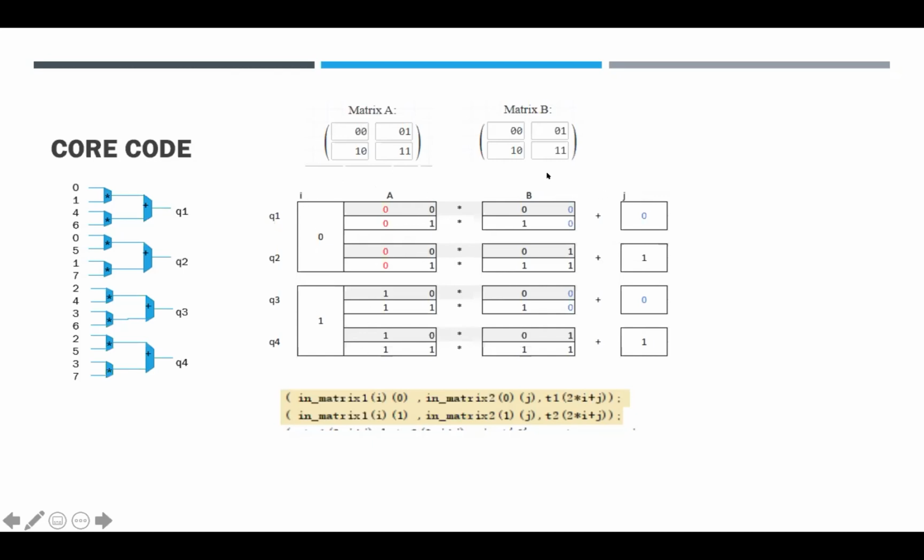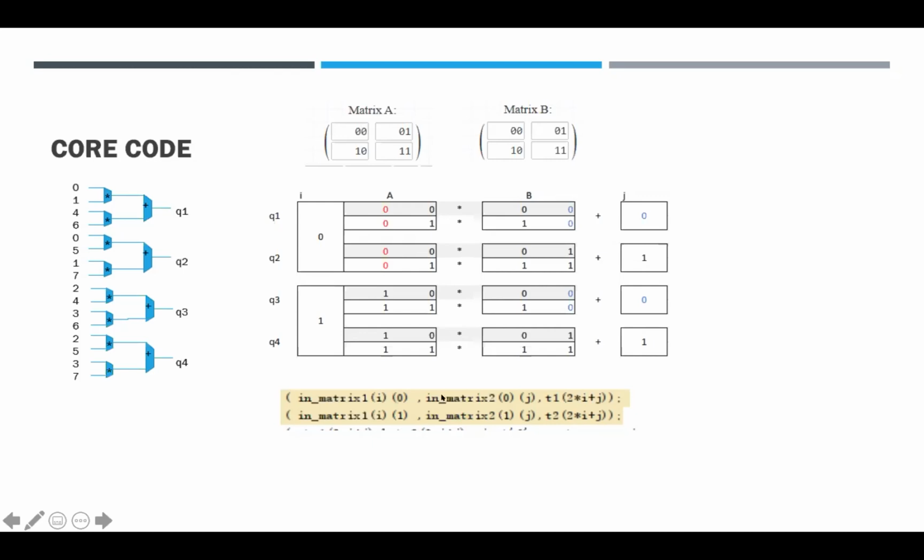And in the right B part, you can see that B keeps the pattern 0, 1, 0, 1, no matter the position of J changes from 0 to 1. So it's much easier for me to understand how to code to make it function.